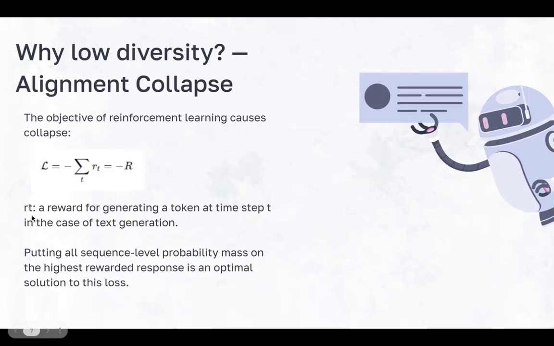The R sub t here means the reward for generating a token at time step t in the case of text generation. So obviously, putting all sequence-level probability mass on the highest reward responses is an optimal solution to this loss. So everything becomes the highest.